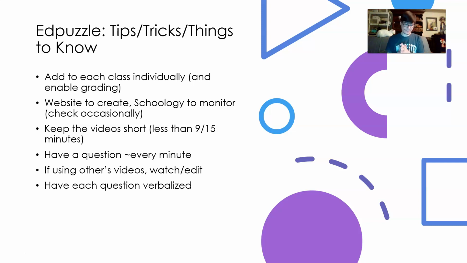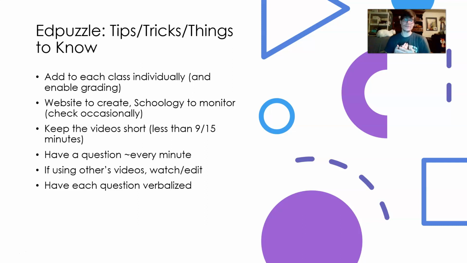When you have questions, if you can, and especially if you're making your own videos, verbalize the questions. When you make the questions, you can also add a recording, and you can read the question. It's been found, and again, as a special ed teacher, that students that have below grade level reading don't like Edpuzzles when there's questions that aren't read aloud, because a lot of times they struggle with reading what that question is, and they get really confused.